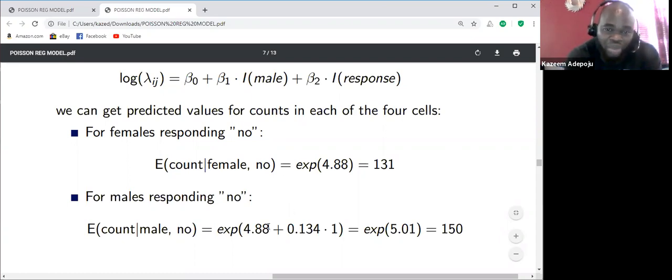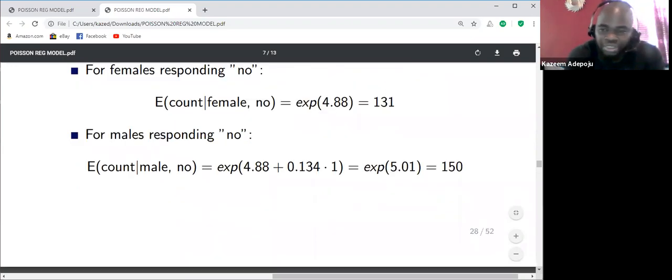I'm only going to have 4.88 plus 0.1434 times 1, because the 1 here is talking about male. For no it's 0, so this is not there. Lambda hat ij is going to be exponential raised to the power of beta naught plus beta 1. So that's how you get this. Can you see that now?